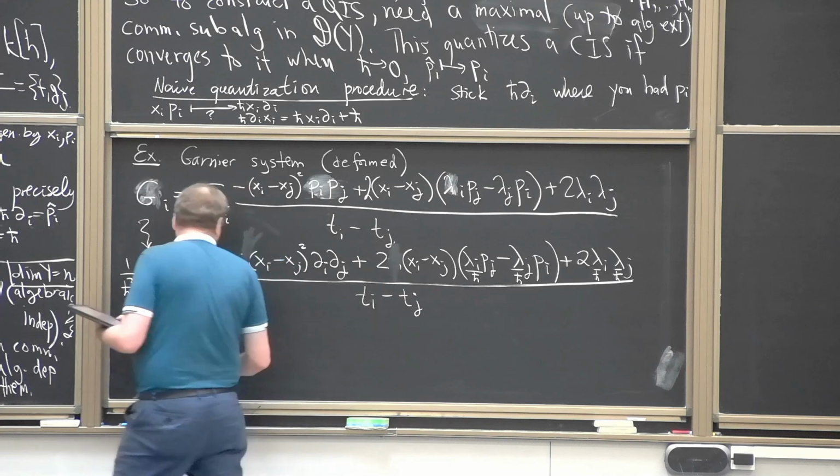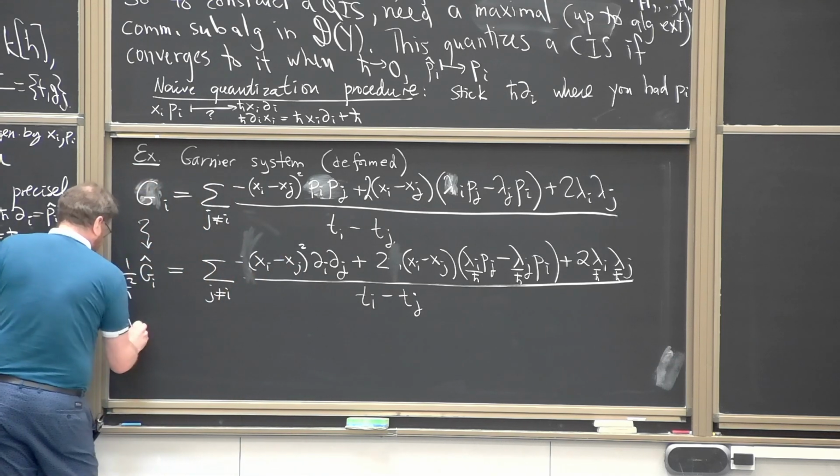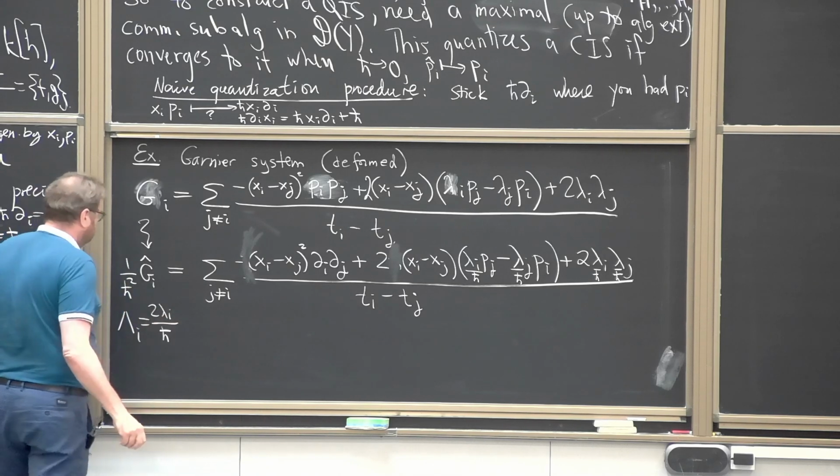So it's convenient to introduce capital Lambda_i, which is twice lowercase lambda_i times h over h.